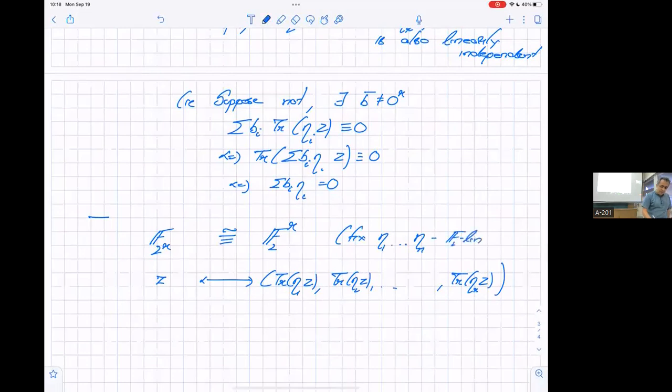F2 linearly independent. Then there is this mapping, and this is a way of going from the large field to the small field. Notice one way we all obviously know every element in the large field. How did we get the large field?